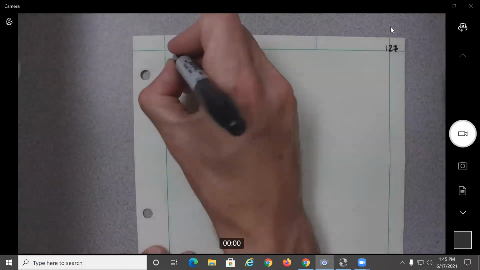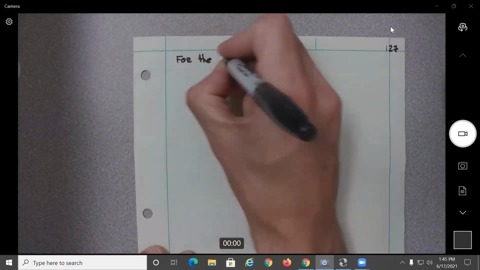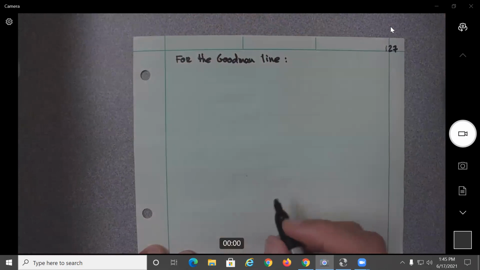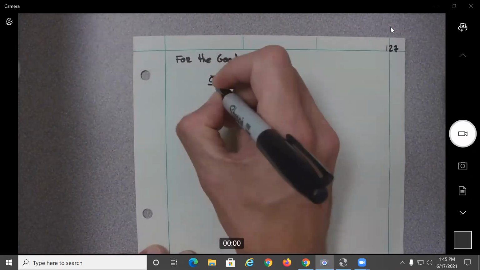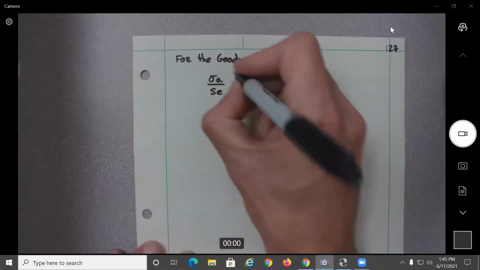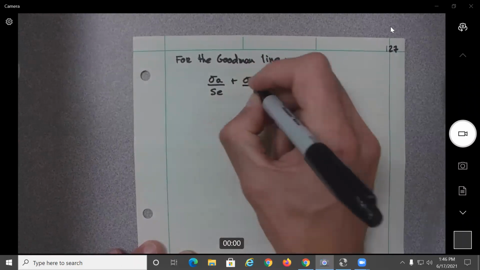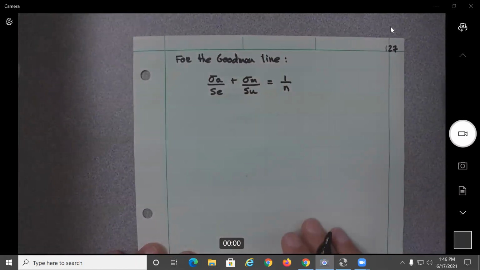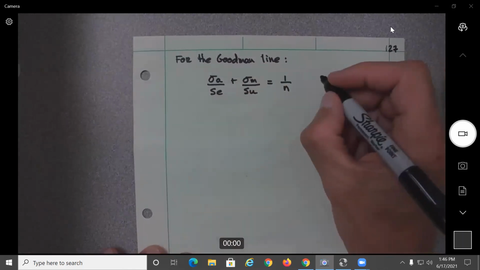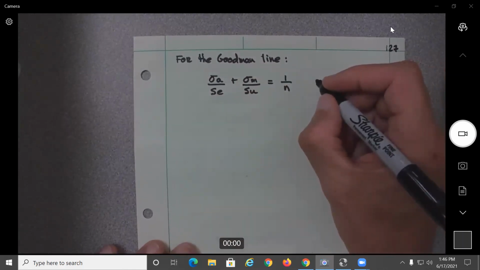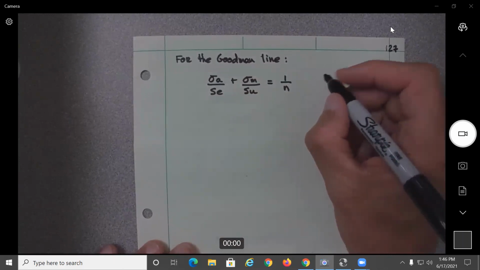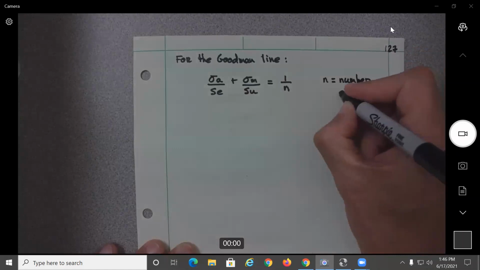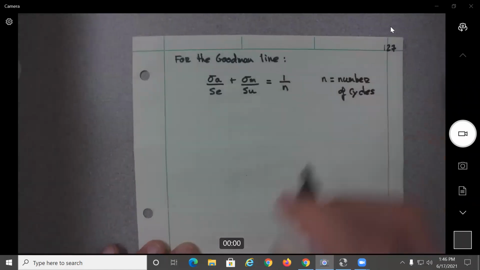For the Goodman line, our failure criteria will be alternating stress divided by the endurance stress plus mid-range stress divided by the ultimate stress equal to 1/n, where n over here is number of cycles.